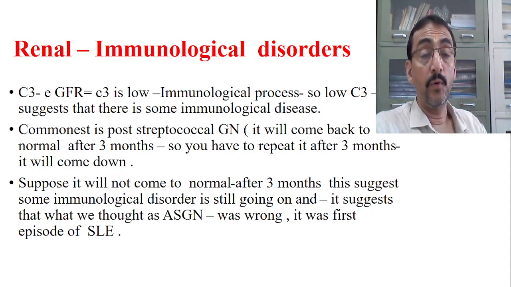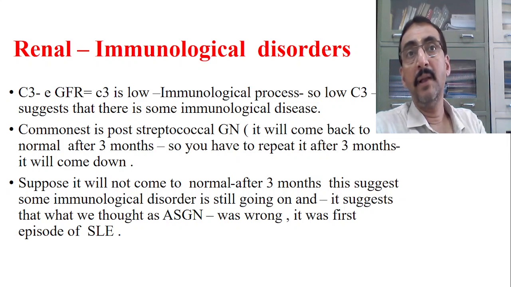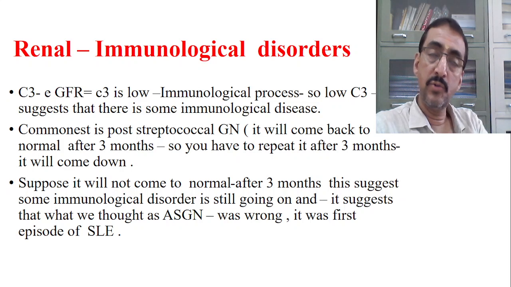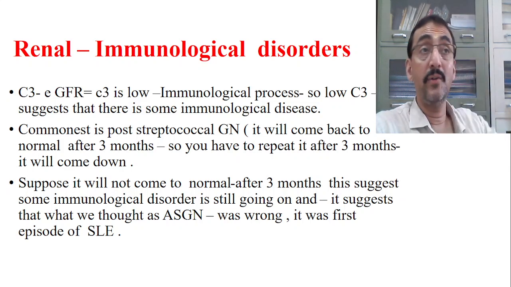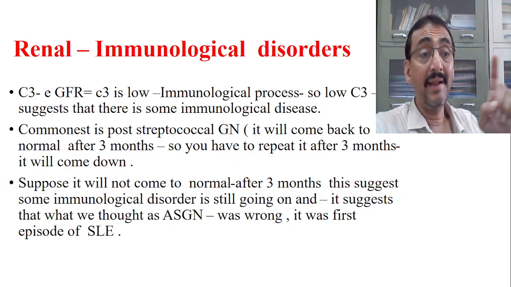So in acute glomerulonephritis, the microhematuria usually comes to normal by 3 months. If after 3 months the microhematuria is still not coming down, then it suggests that some immunological disorder is still going on, and what we thought was acute streptococcal glomerulonephritis is wrong.